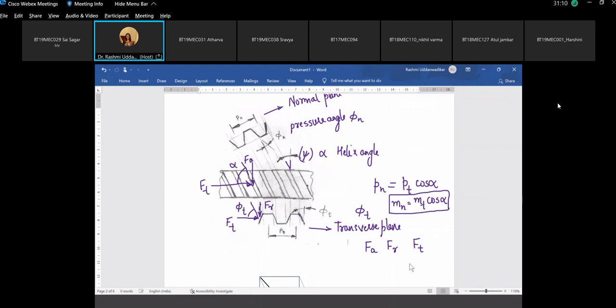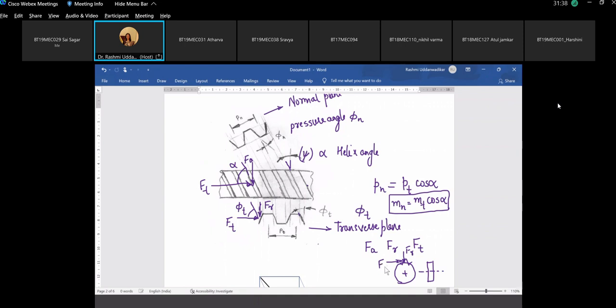So a radial force is, allow me to draw a rough figure here. What is this force? Assuming there is a gear tooth here. This is the radial force acting along the radius.